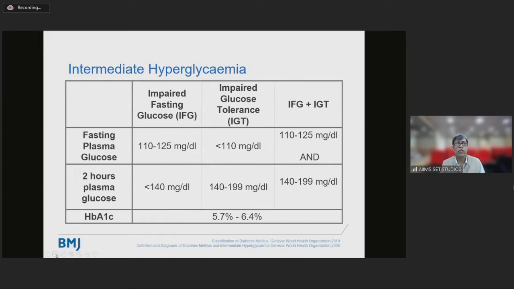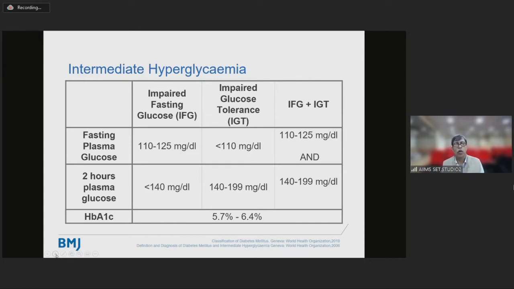So there are 2 basic categories: impaired fasting glucose and impaired glucose tolerance. For impaired fasting glucose, you need to show a fasting plasma glucose between 110 and 125, and a 2-hour plasma glucose of less than 140, right?